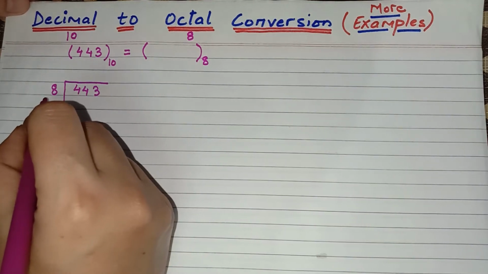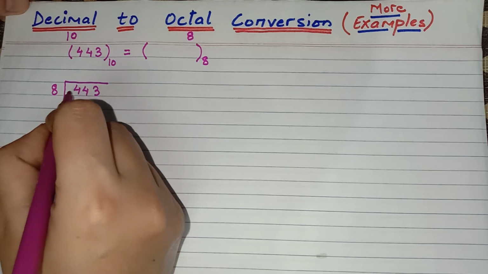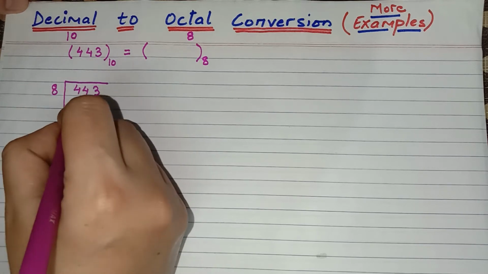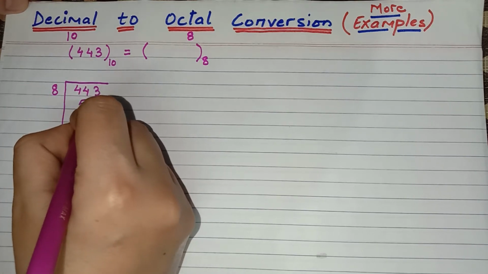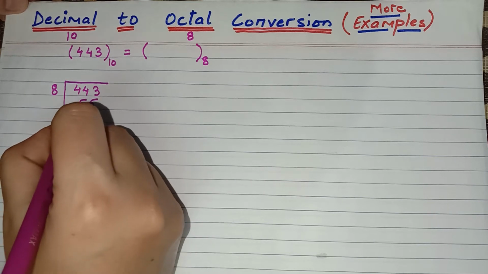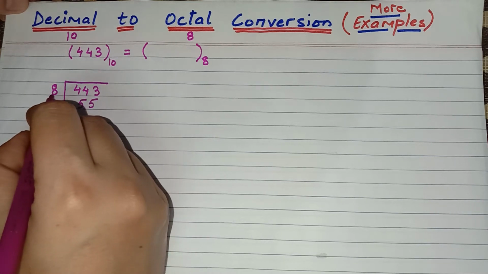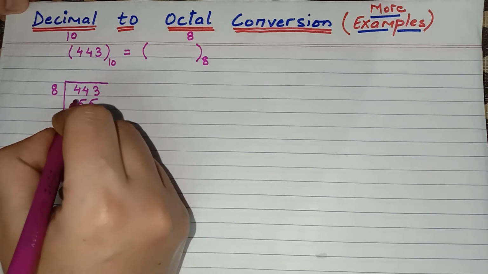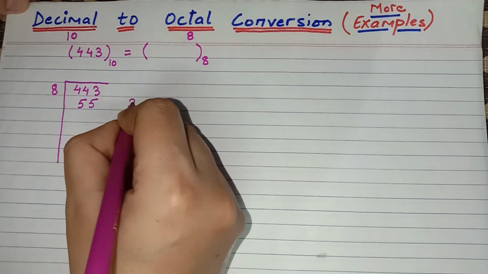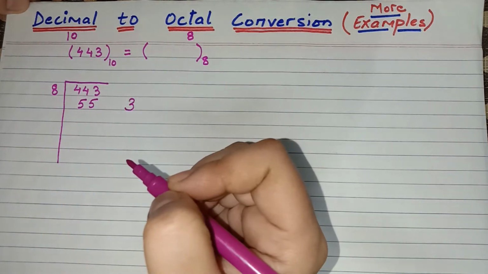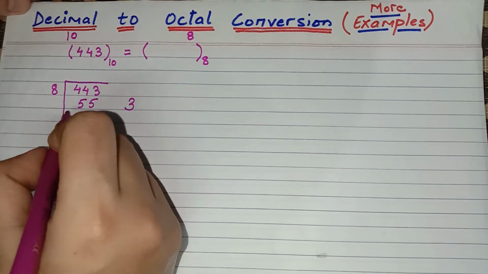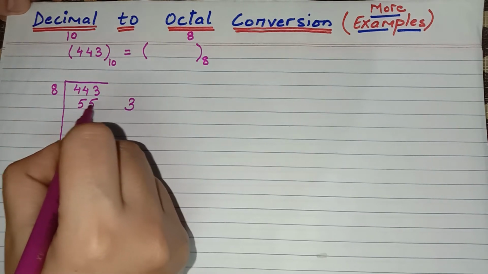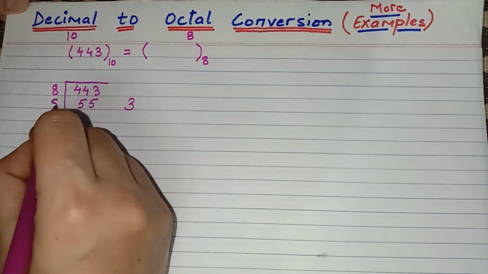So when we are going to divide 443 by 8, here we will be getting 55. 55 into 8 will be 440. So we will be getting 3 as remainder. Again, divide this number 55 by 8.